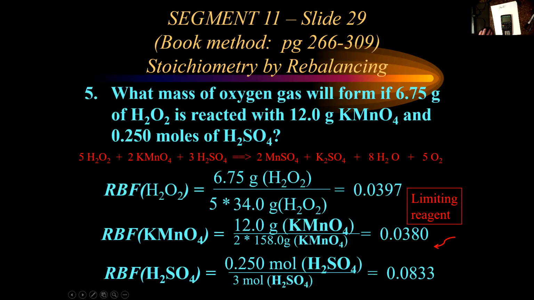Then I would go to this second one, do this calculation and push equals, and that would show on this line 0.0380, but the 0.0397 would still be on my screen up there. And then I would take this and do the calculation. It would show 0.0833. And if I'm lucky, all 3 of those numbers are still on my calculator. And if they are, I know what the limiting reagent is.